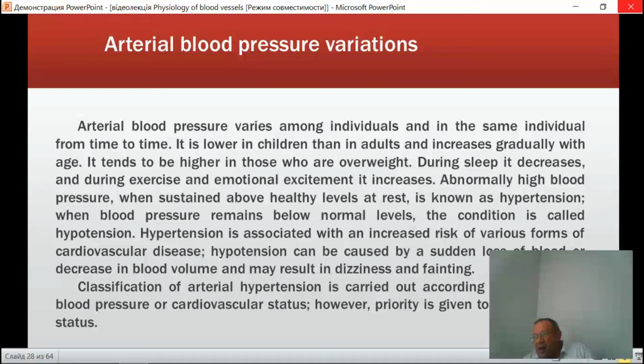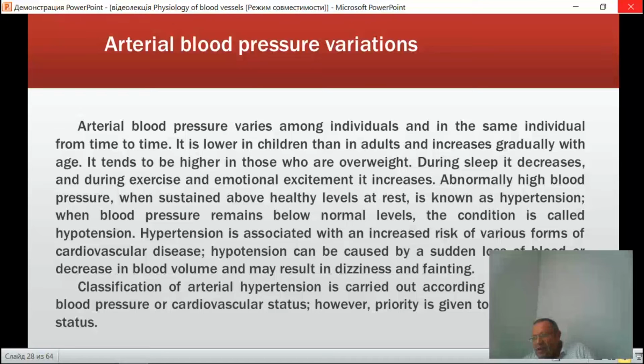Abnormally high blood pressure, when sustained above a healthy level at rest, is known as hypertension. When blood pressure remains below normal levels, the condition is called hypotension. Hypertension is associated with an increased risk of various forms of cardiovascular disease.